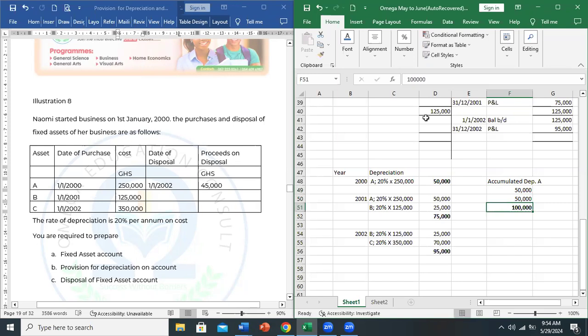So you debit that to the provision for depreciation account using the narration disposal. And this time you use the date on which the asset was disposed, which is 1st January 2002. Then you can now balance off your account and move on. So we would have 220,000 as total.